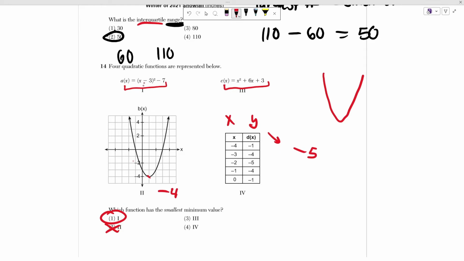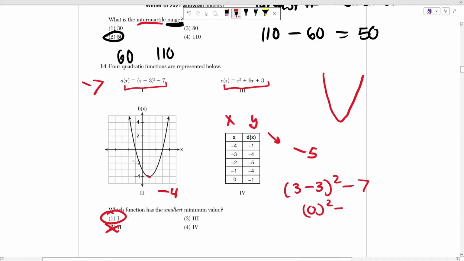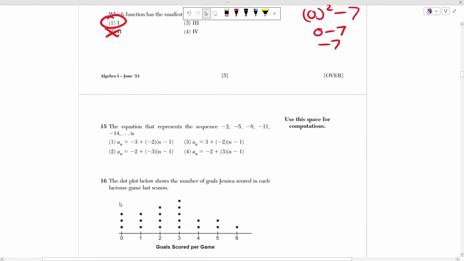It has a smallest value of -7, okay? For example, when x is equal to 3, 3 minus 3 squared minus 7. 3 minus 3 is 0, 0 squared is 0, and 0 minus 7 is -7. So this has the smallest value of -7. This has the smallest value of -5. That means that choice 1 has the smallest value.